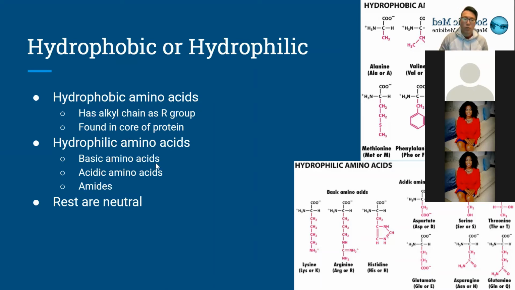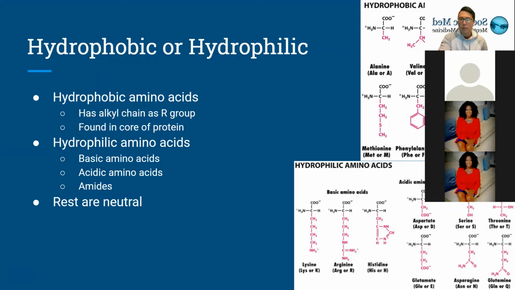And they're usually found on the outside of the protein, on the exterior, where they have more access to the aqueous environment. And so the rest are usually called neutral, so they don't really prefer hydrophobic or hydrophilic environments over the other.